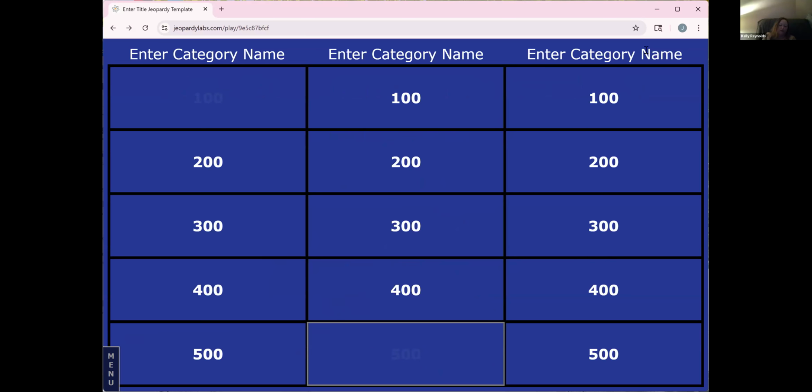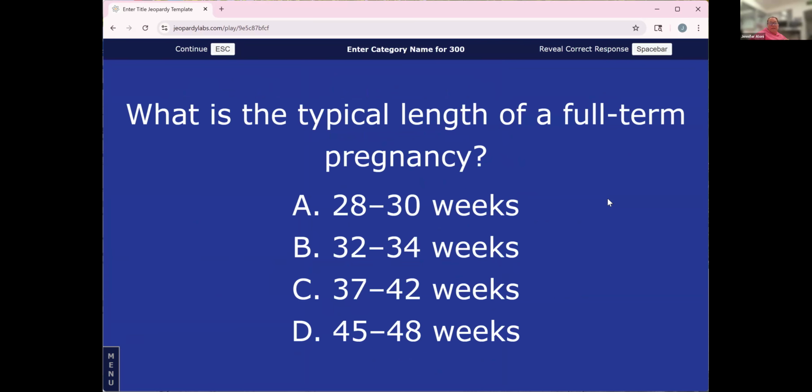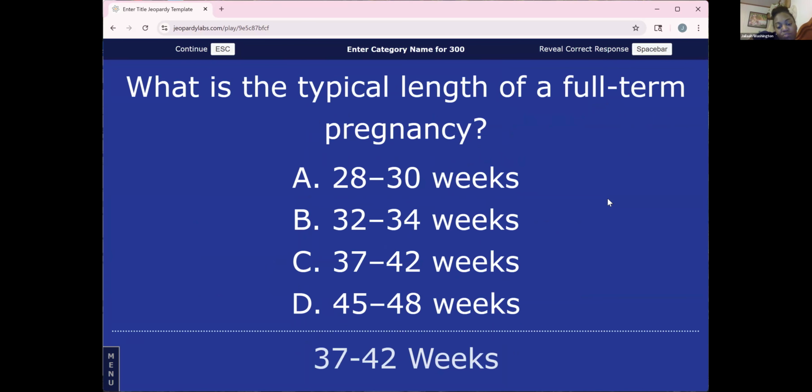Next one. Let's do the N category for 300. What is the full length of a full-term pregnancy? C is the answer. A is a preterm, B is a preterm, and D is way post-term, and we do not want a 45-weeker.